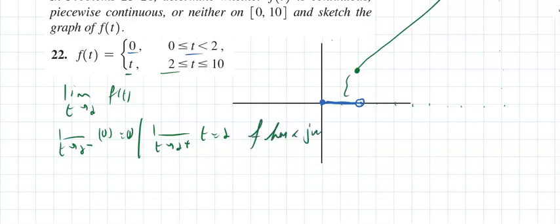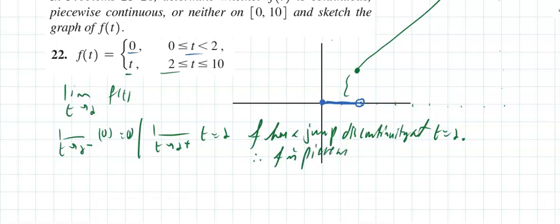F has a jump discontinuity at t equals specifically 2. Therefore, f is piecewise continuous on 0 to 10.